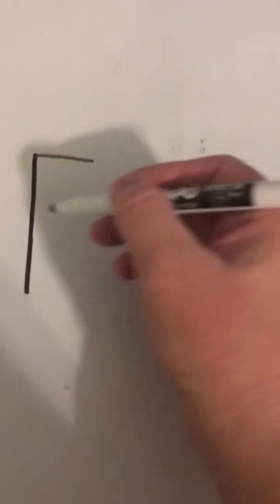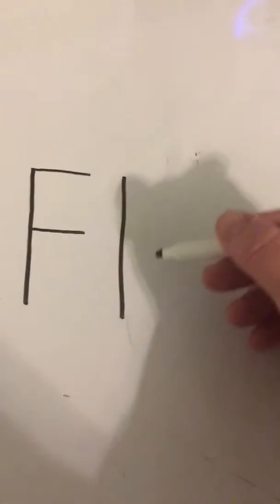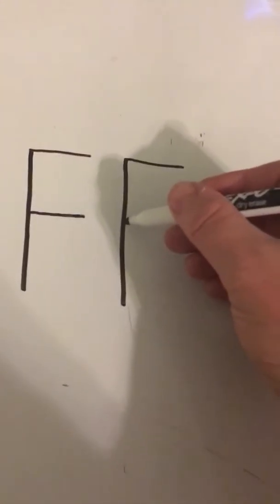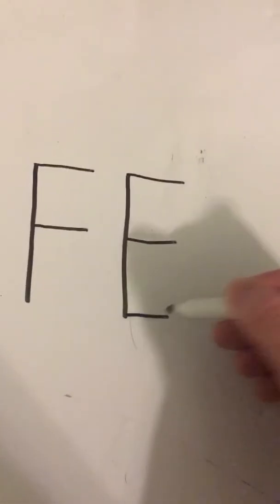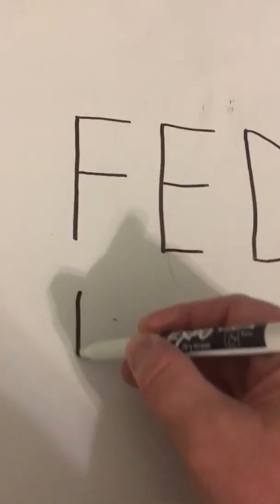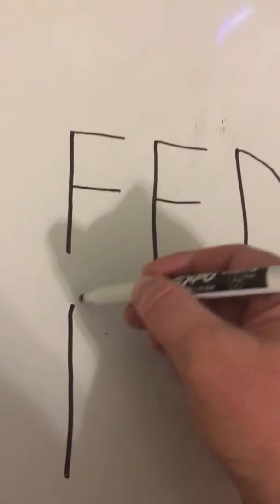Big line down, jump, little line on top, little line in the middle, F. Big line, jump, little line on top, little line in the middle, little line on the bottom, E. Big line down, ribbit up, big curve, D. Big line down, frog jump up, little curve on top, P.